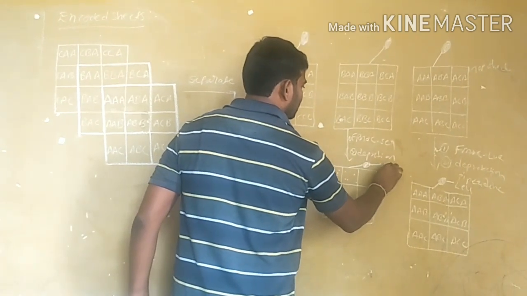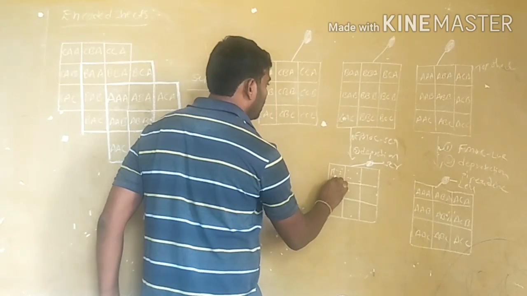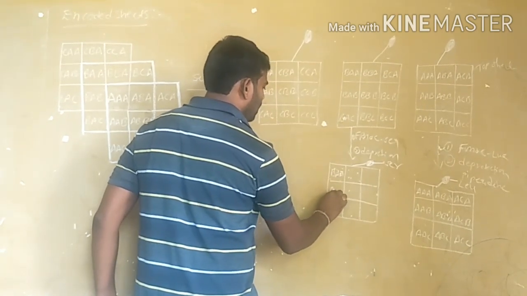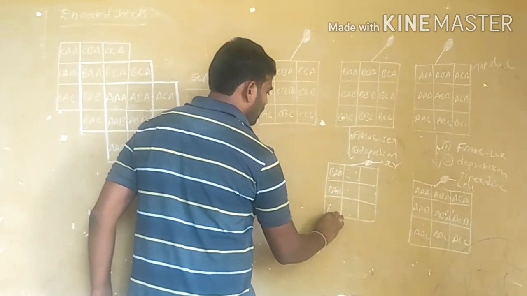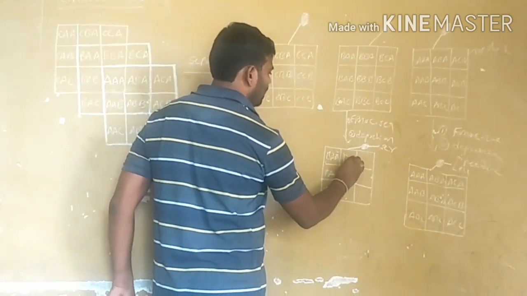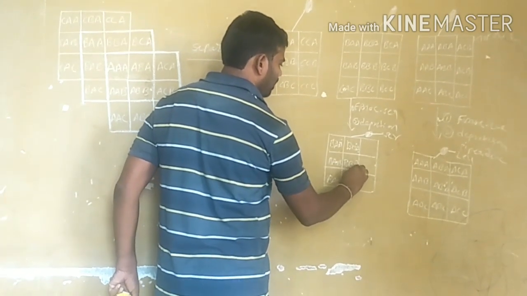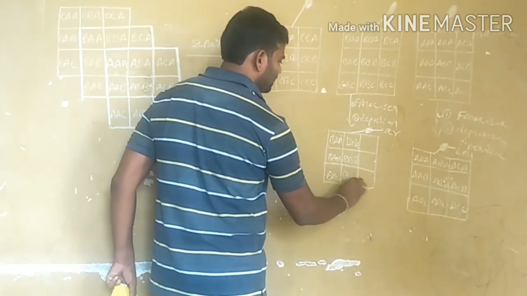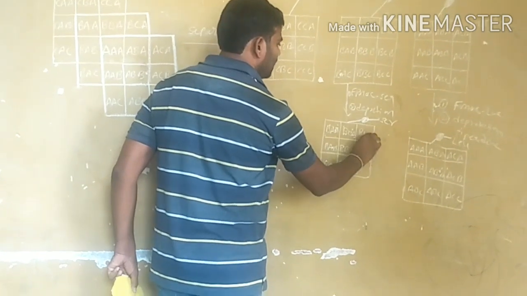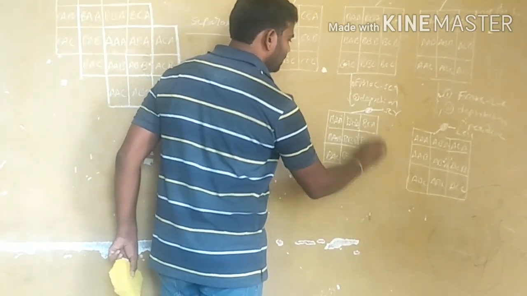This is serine amino acid is added. The second sheet is BAA, BAB, BAC. Next BBA, BBB, BBC. Next BCA, BCB, BCC.